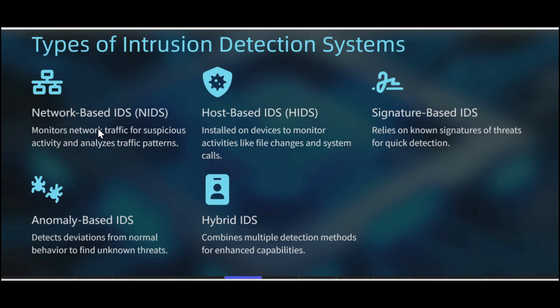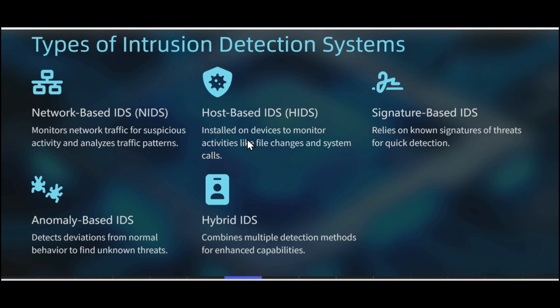Network based monitors traffic across the entire network, analyzing packets and traffic patterns. Host based IDS are installed on individual systems and monitor activities such as file changes, system calls, and log entries.